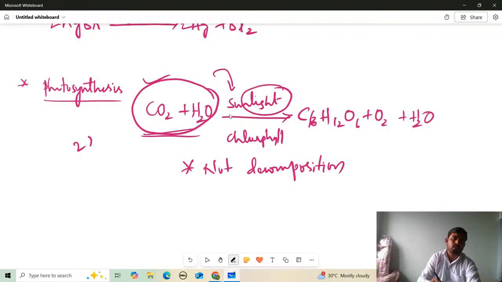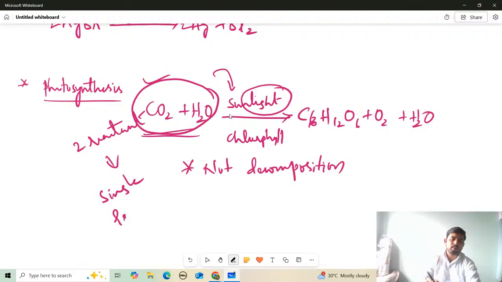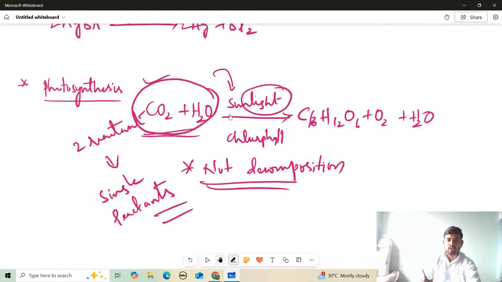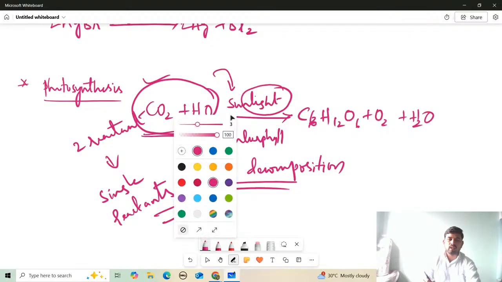The condition of decomposition is that there must be a single reactant. So sometimes they ask why photosynthesis is not a decomposition reaction.